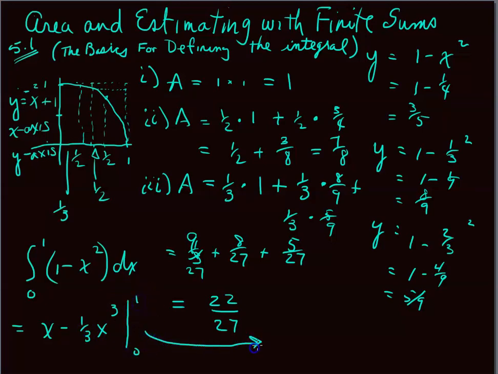That gives us, plug in a 1 minus 1/3 of 1 cubed, minus, put in zeros, we just get 0. So what is 1 minus 1/3? Well, we get 2/3. That is the actual area. And if you look at this, 22/27, we're getting a little closer to 2/3. It would be 20/30. So we got a little too much, but it would be getting closer and closer.